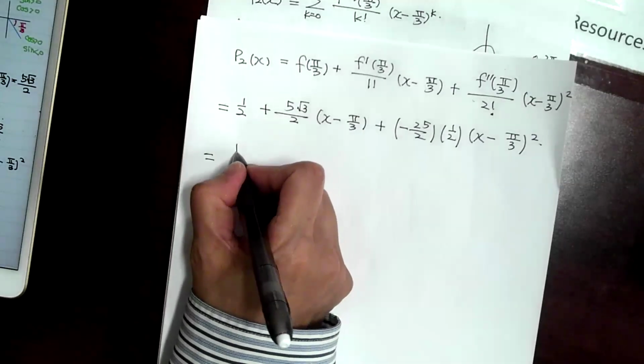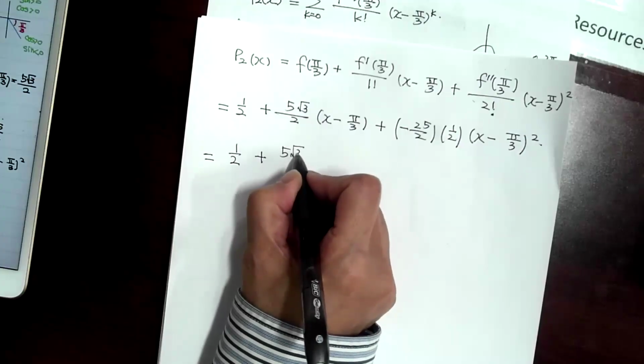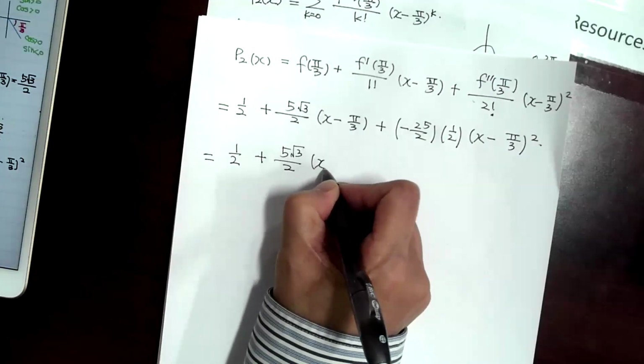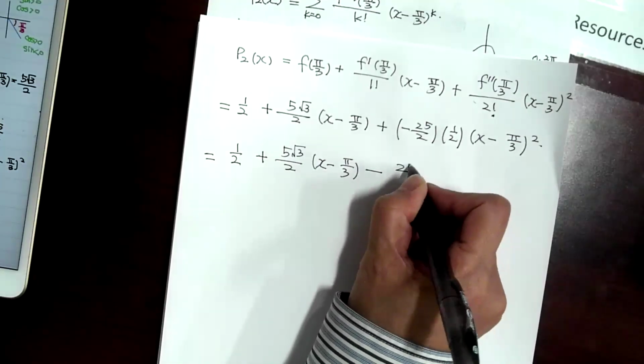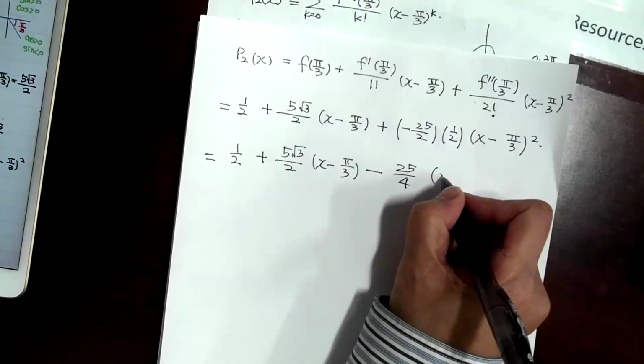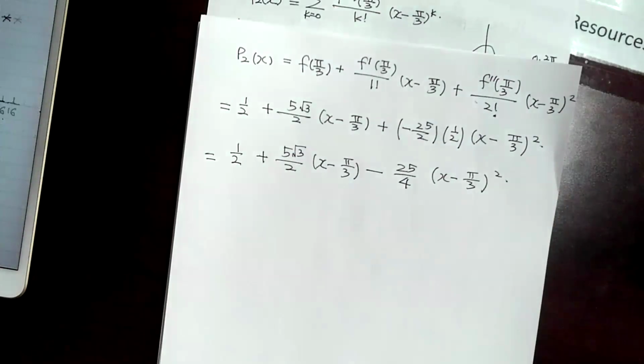When we simplify, that becomes 1 over 2 plus 5 square root of 3 over 2 times x minus pi over 3, minus 25 over 4 times x minus pi over 3 squared. Any questions? It's quite a mechanical process.